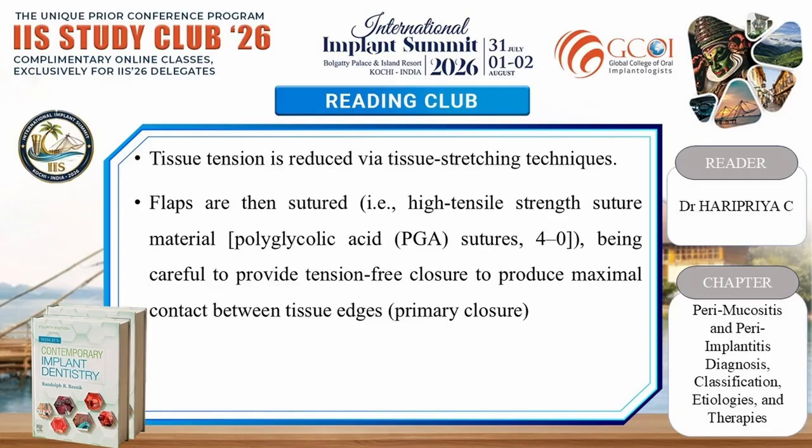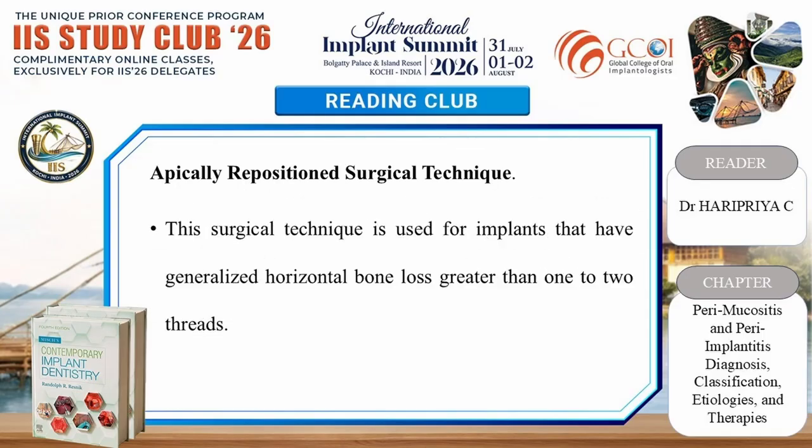Tissue tension is reduced via tissue stretching techniques. Flaps are then sutured with high tensile strength suture material, that is polyglycolic acid 4.0 sutures, being careful to provide tension-free closure to produce maximal contact between tissue edges.